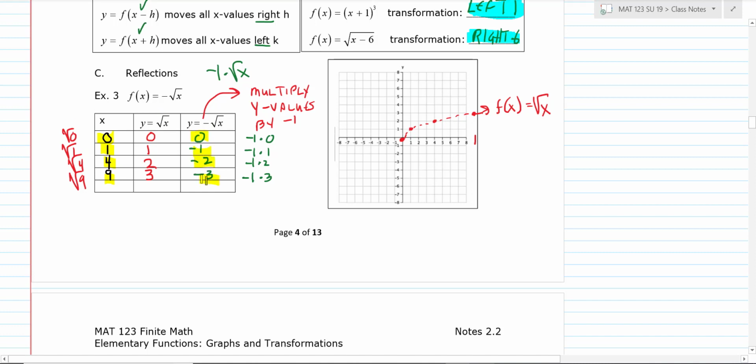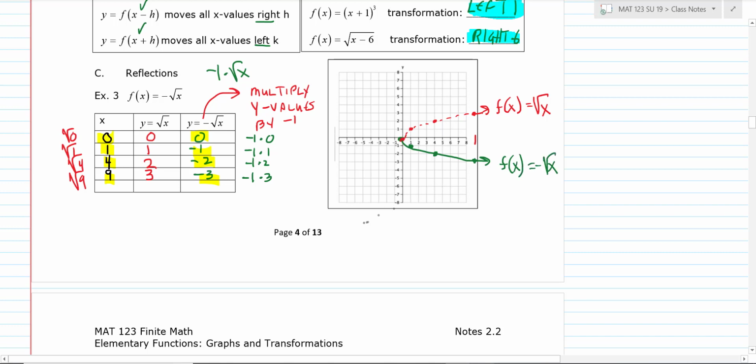This is the transformed y value. Then what you would have is 0, 0, 1, -1, 4, -2, and then 9, -3, like that. And then let's label that as f of x equals negative square root of x.